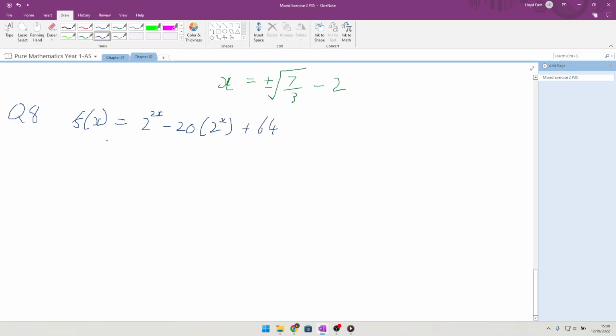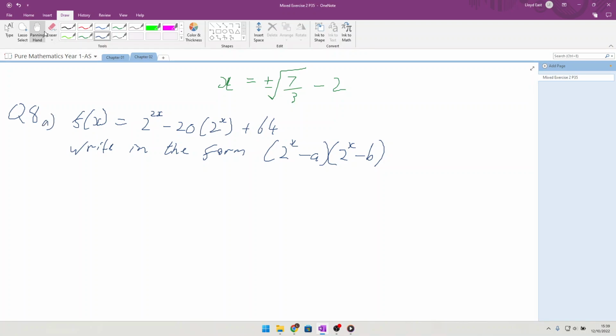And they want to write it in the form of (2 to the power x minus a)(2 to the power x minus b), where a and b are real constants, and then they want us to solve it for part b.